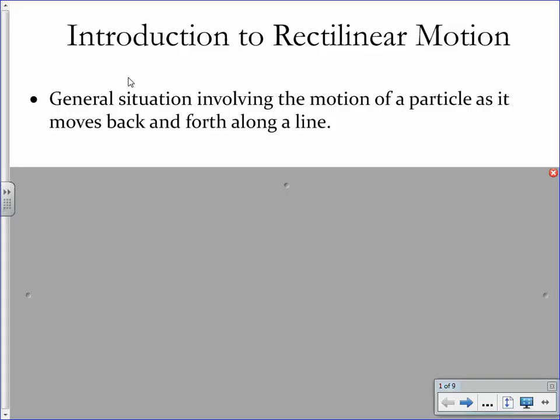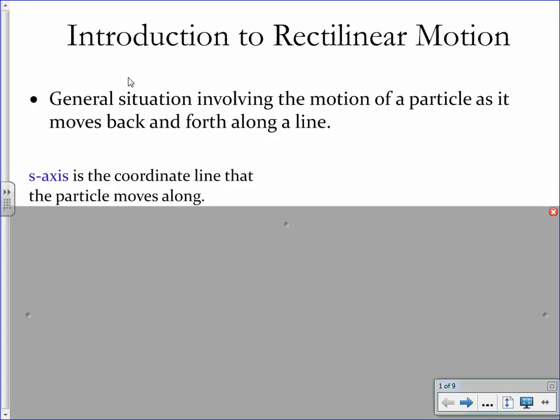Okay, so we're going to talk about motion, and we're talking about linear motion. So we have a particle moving along a line, back and forth, left to right, right to left, however it is. Anyway, so we're moving left and right.